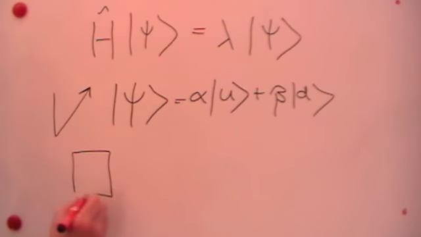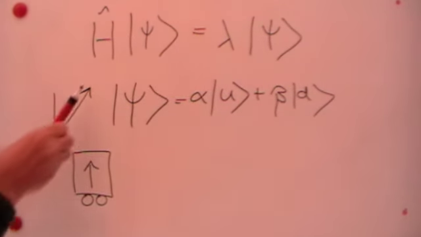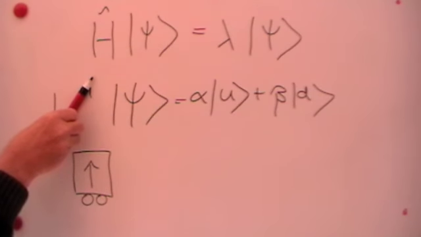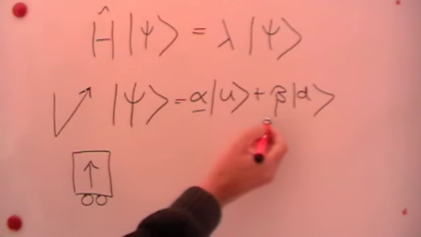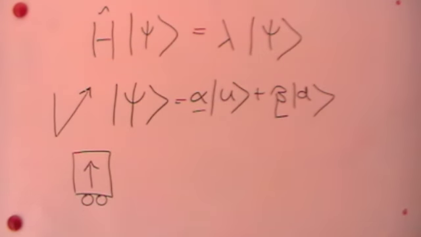So when you put it through our piece of equipment, which is measuring along the z-axis, you've no way of knowing whether nature will determine that this will be up or down. But it will give one or the other with the probability amplitudes alpha or beta, and the probabilities of course are alpha squared or beta squared.